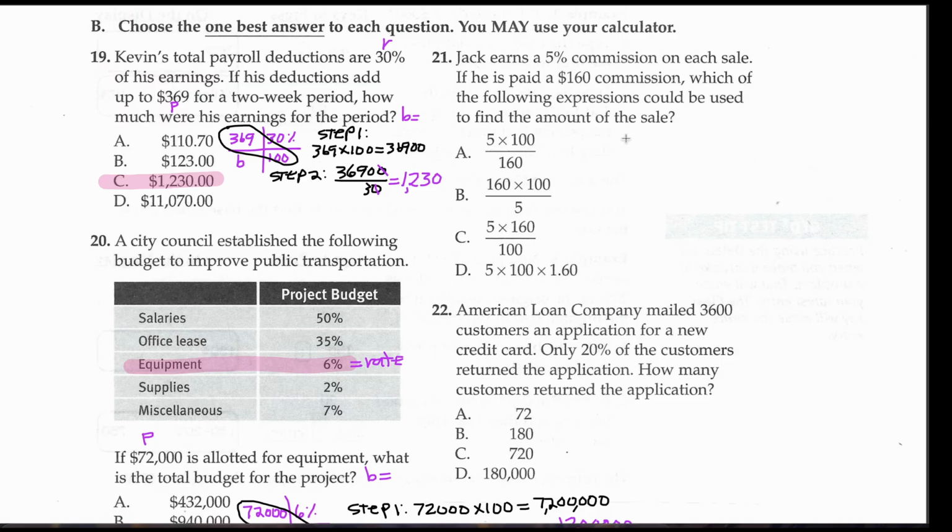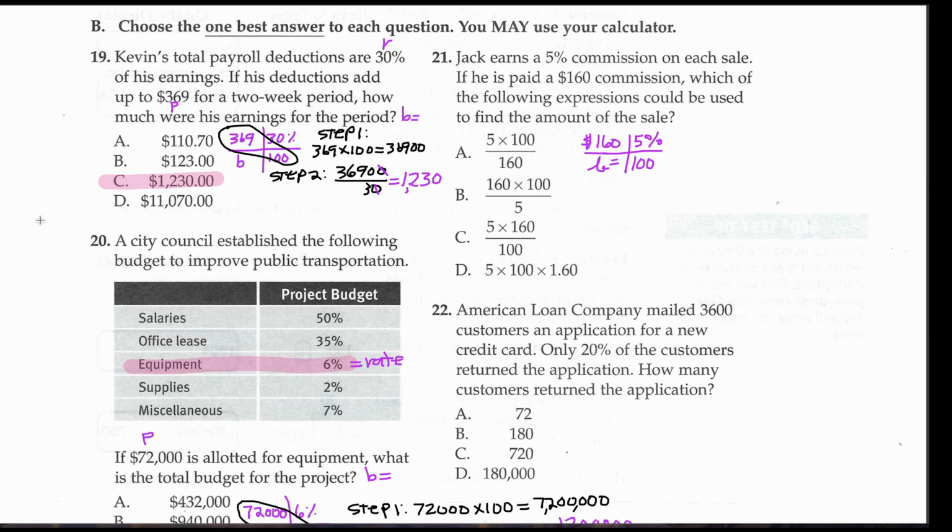So let's put a big plus here. And the 100 always has to be here. The rate, 5%, goes here. And the $160 is the part that goes here. We don't know the base, and the base goes here.